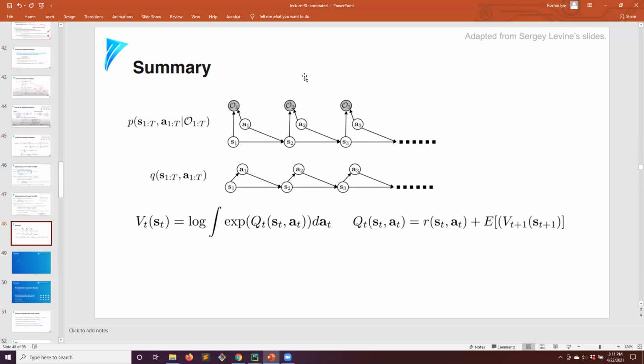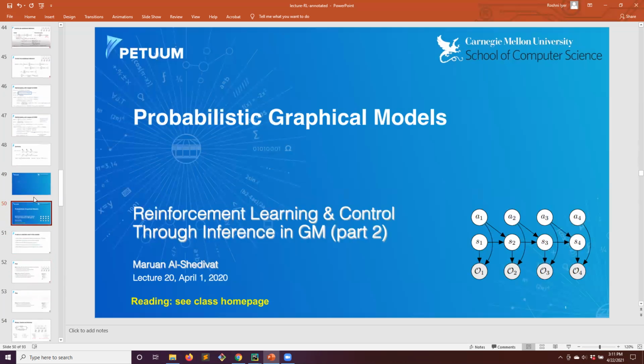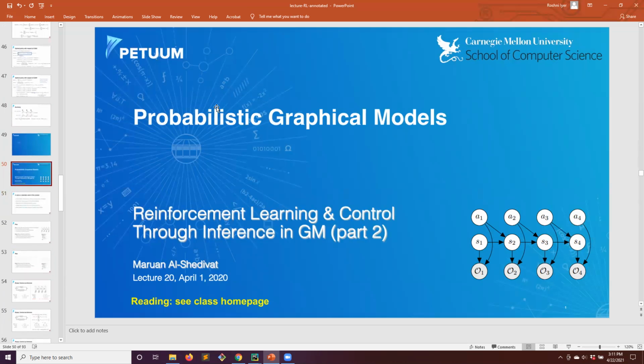Okay, so this part we just looked at, so I don't want to talk about this right now. Okay, so now we go to part 2, which is building up on what we learned from part 1 about the Q function, the value function, the policy, and so on.